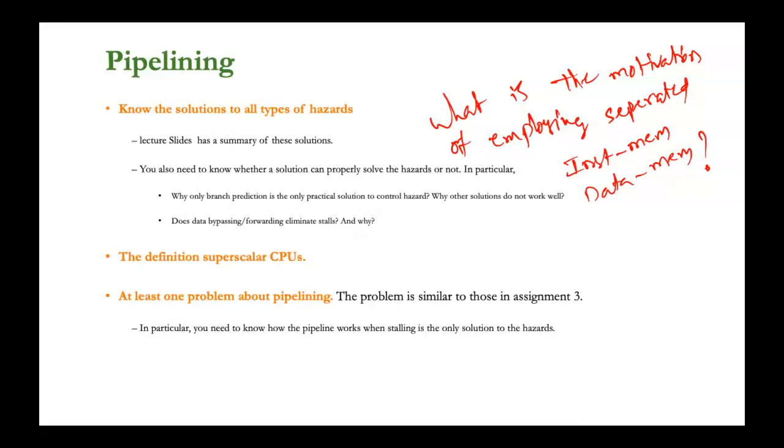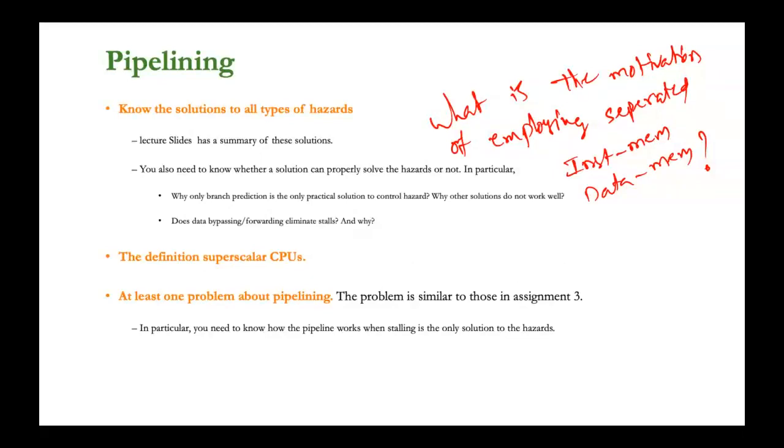Perfect. You need to answer like this. Whether it is going to solve the structural hazard, data hazards, or the control hazards, that will be the expected answer for this kind of question.